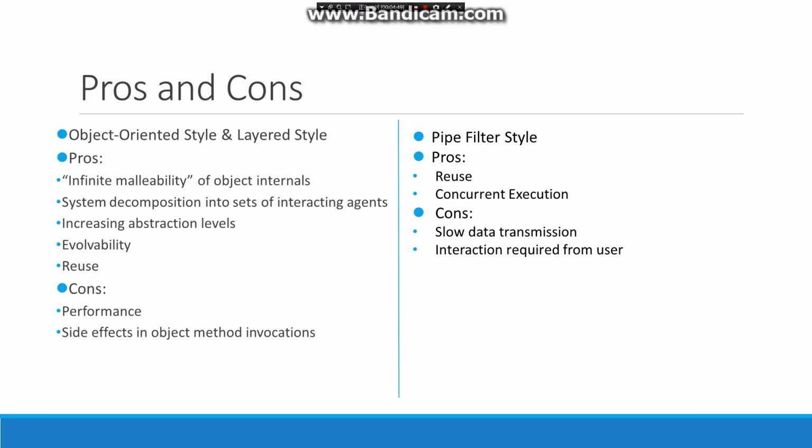Well, the pros and cons. The object-oriented style and layered style have infinite malleability of object internals, and system decomposition into sets of interacting agents, increasing abstraction levels, and reuse. The cons are performance, because the object-oriented style could be very large sometimes, and side effects in object method invocations.